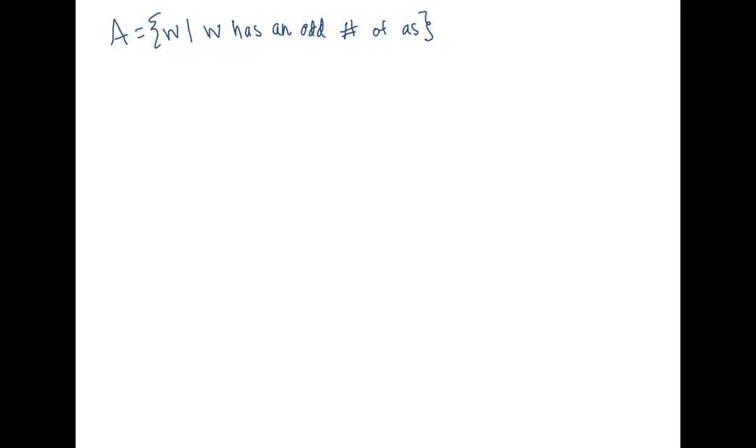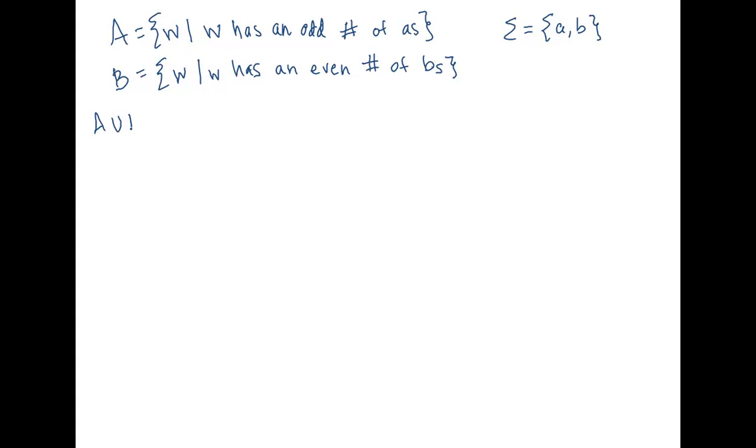And let's let language B be W such that W has an even number of B's. Let me go ahead and define that sigma for both languages is {A, B}. Okay? So now we're interested in finding A union B.